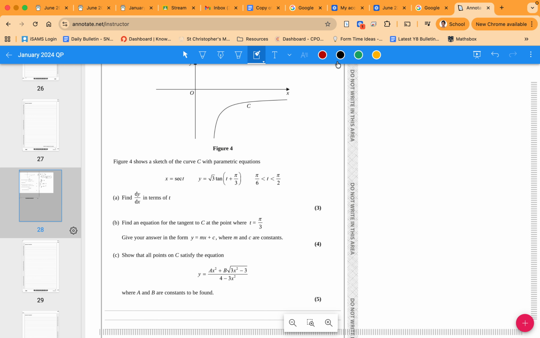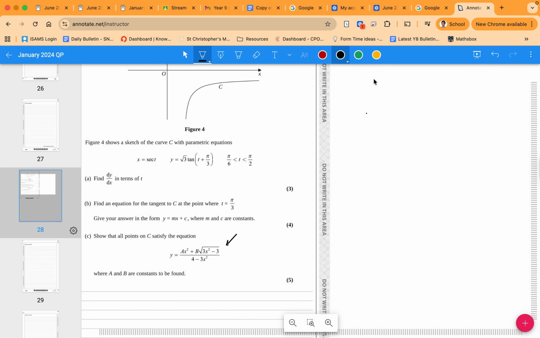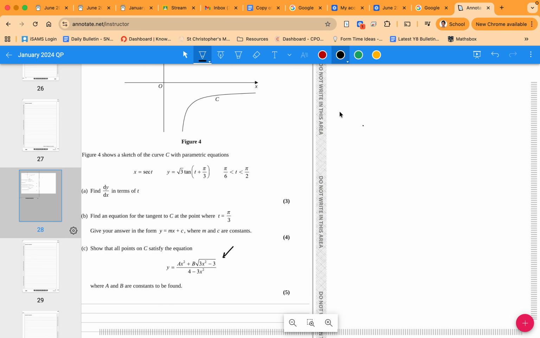For part C, it requires a little bit of manipulation. So we are saying show that all points on C satisfy this equation, which means we are looking at the Cartesian equation of this particular curve. From what I can see, y is a tan addition rule there, so you might want to look at your formulas.